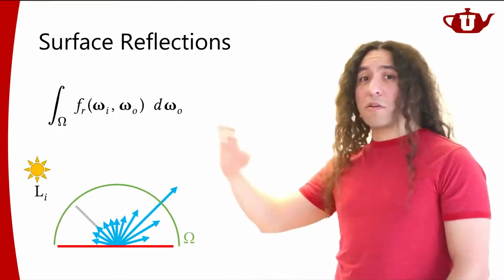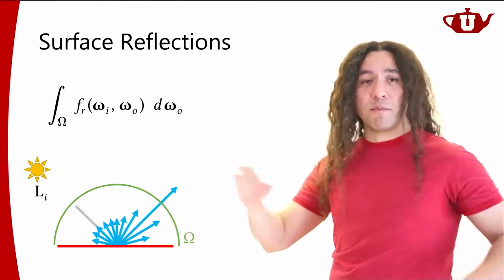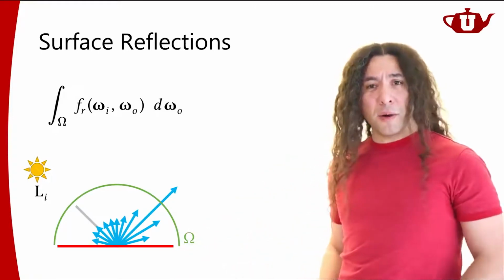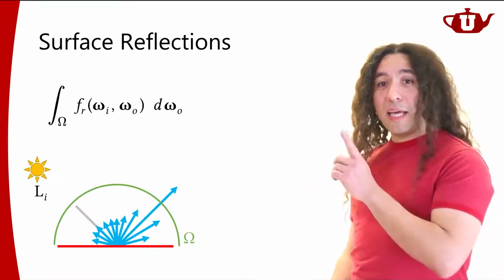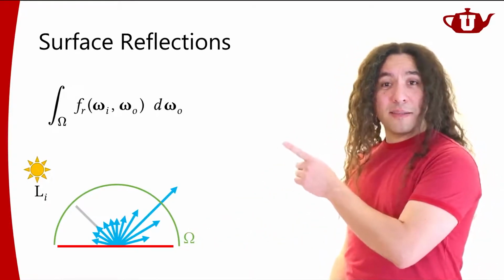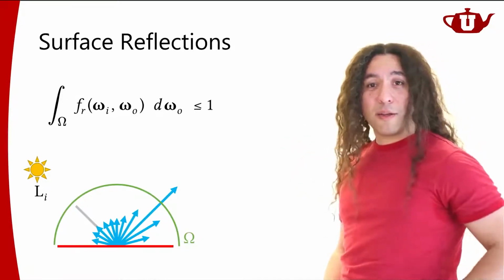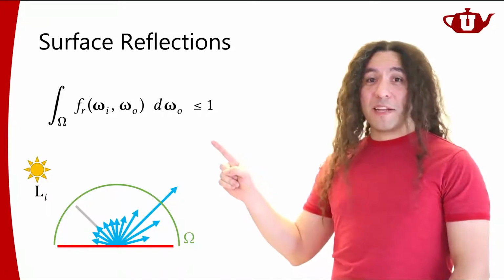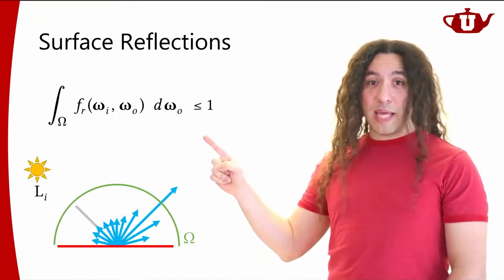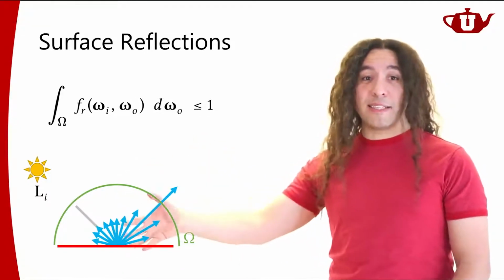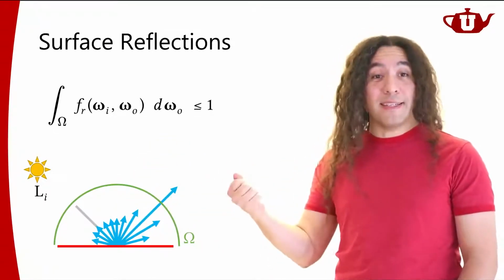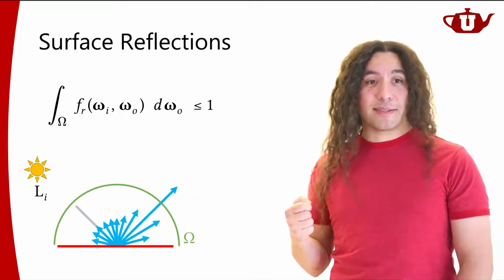So if I take the integral over the entire hemisphere, over the entire possibility of where the reflected light can go, it should always be smaller than or equal to 1. Right? Because if it is greater than 1, that means if I sum all the reflected light, it is going to sum up to something greater than the incoming light.